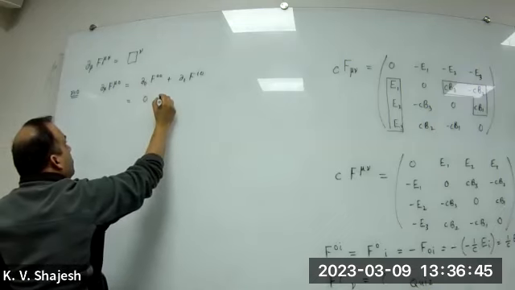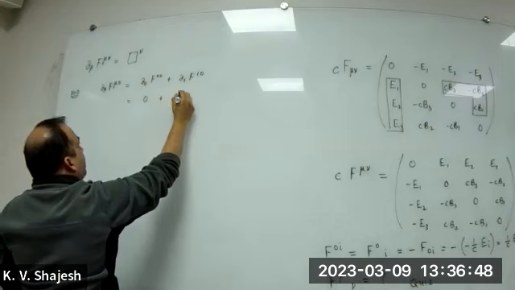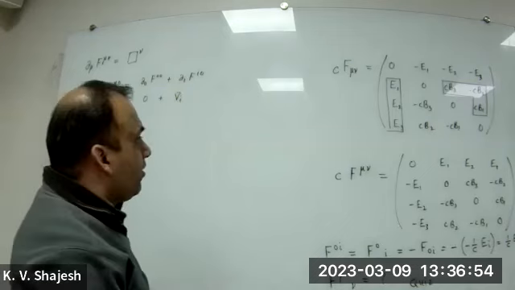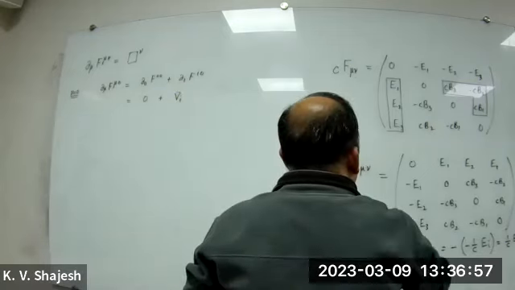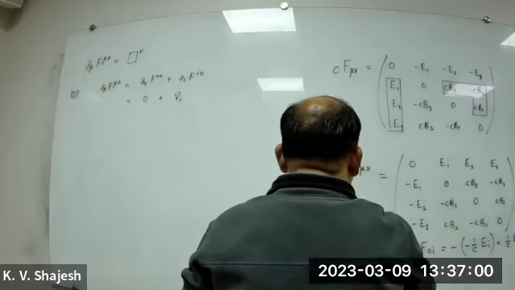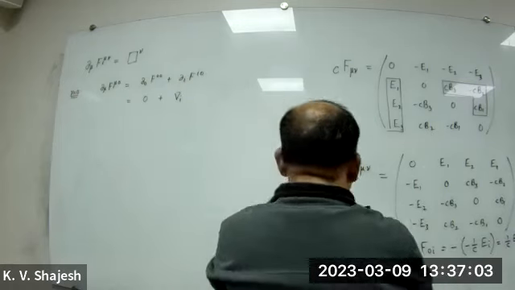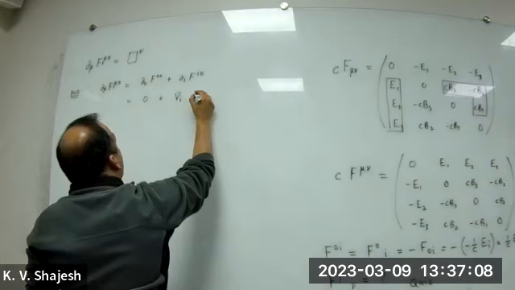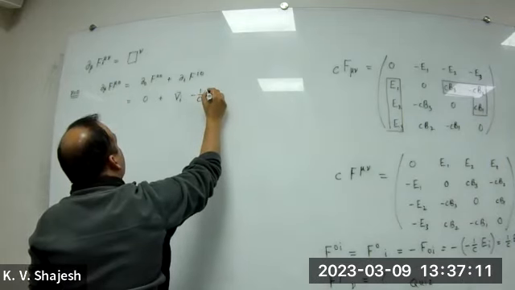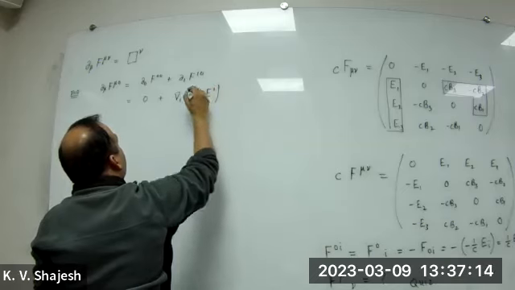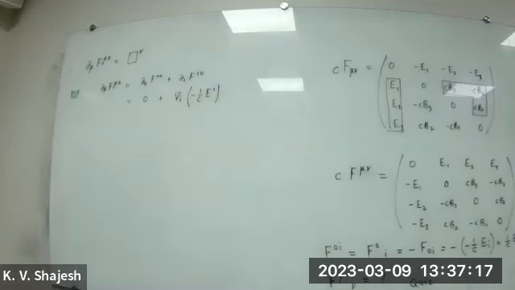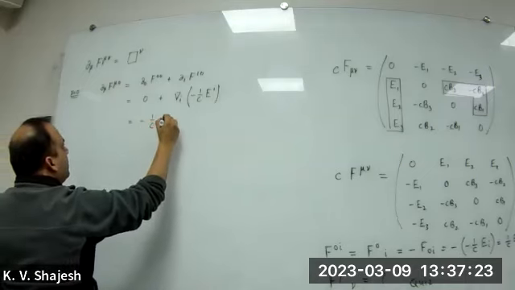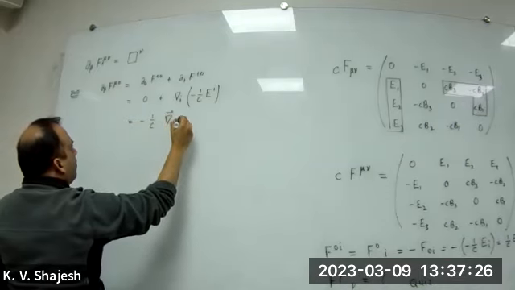Plus this is the gradient d i F i0 upstairs. F i0 is basically minus electric field, right? So this F i0 would be minus 1 over c electric field. That's nothing but minus 1 over c divergence of the electric field.